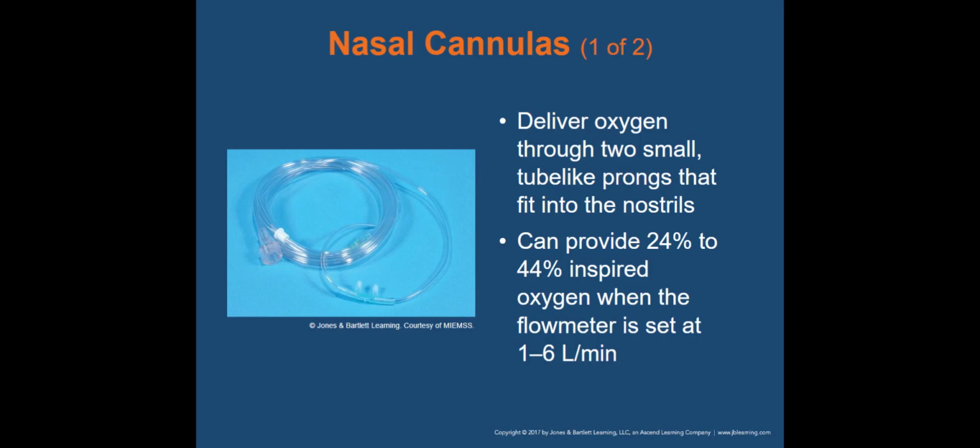Nasal cannulas deliver oxygen through 2 small tube-like prongs that fit into the patient's nostrils. It can provide 24% to 44% inspired oxygen when the flow meter is set at 1 to 6 liters per minute. It's usually recommended that for patient comfort it's not set above 6 liters per minute.